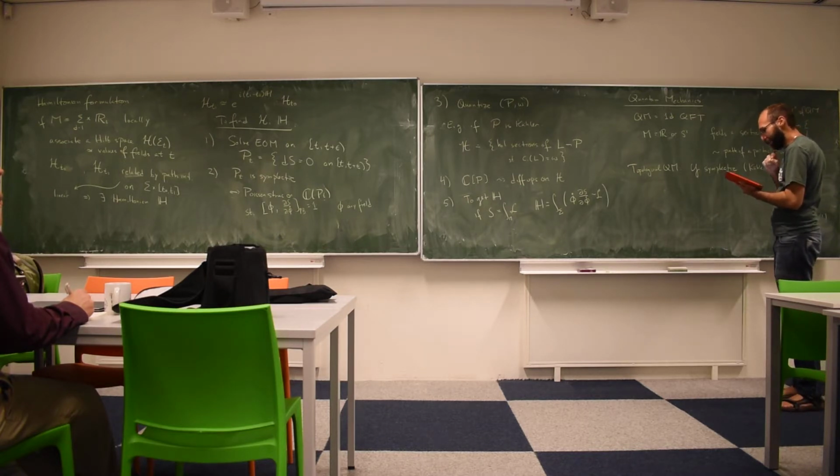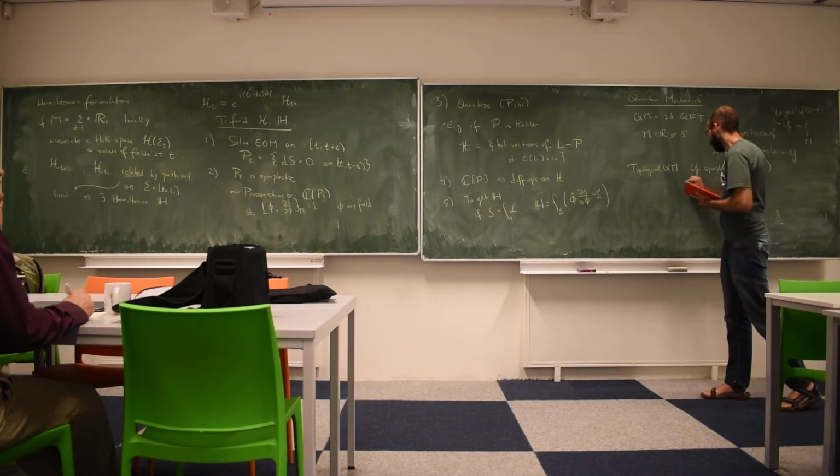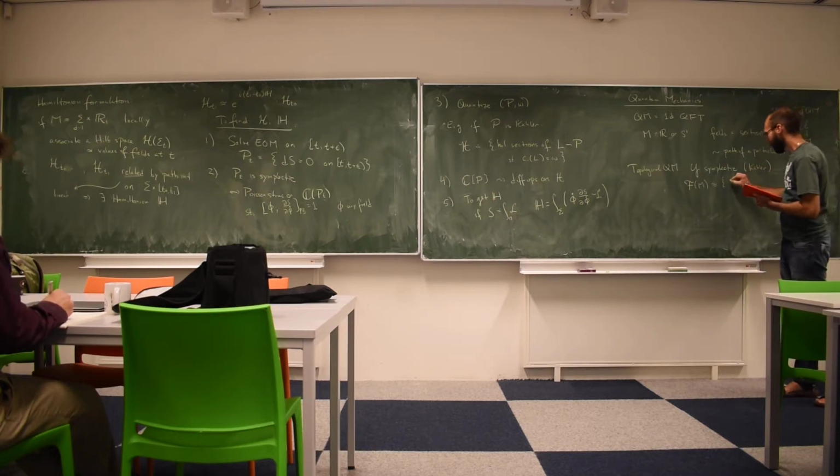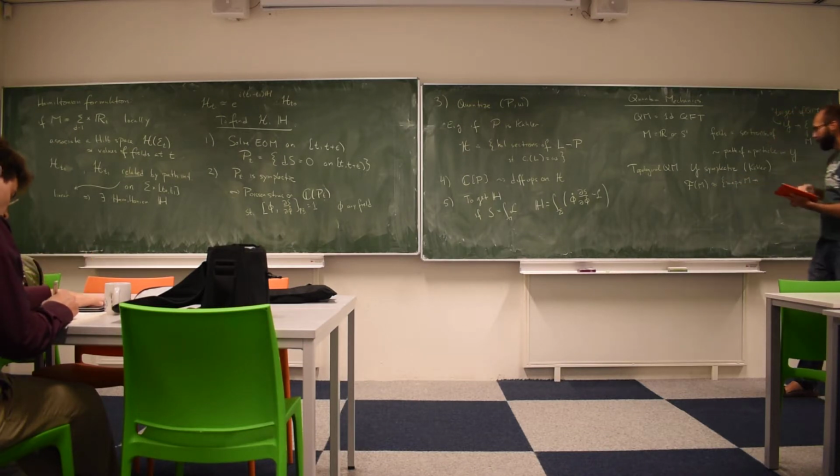Then, again, fields look like maps from M to Y locally.